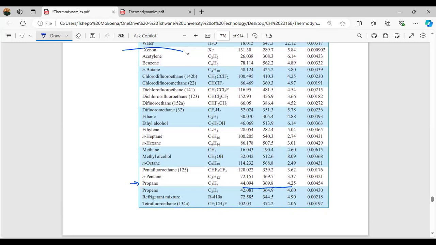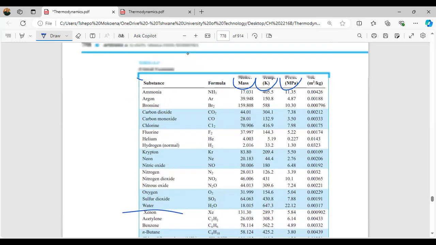And our pressure is 4.25, and the units for pressure at this point in time are megapascals. So these are our critical values. I'm taking these critical values onto our question to perform the calculations.